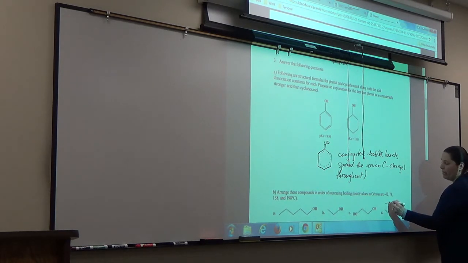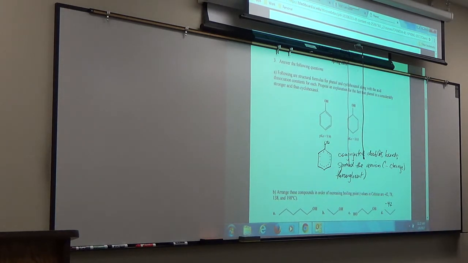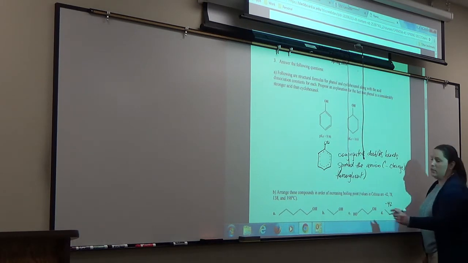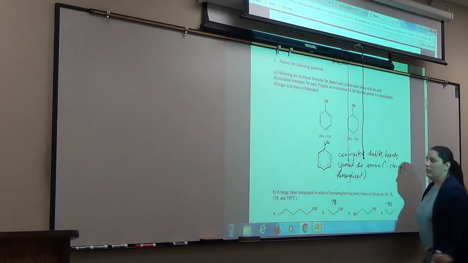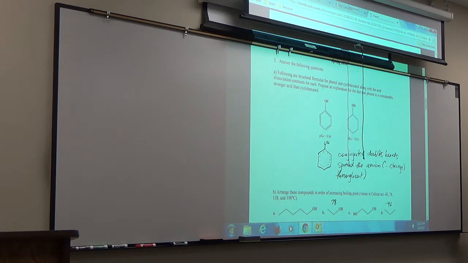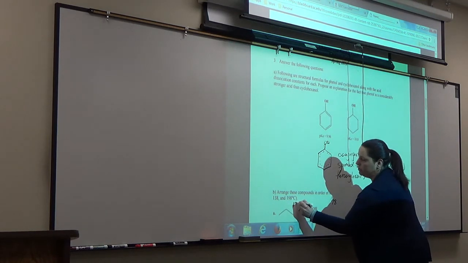Remember that alkanes' boiling points are not very high. And then what would be the next one? B, so then it would go up significantly to 78. One alcohol, then what else? Then A, it's a longer chain.